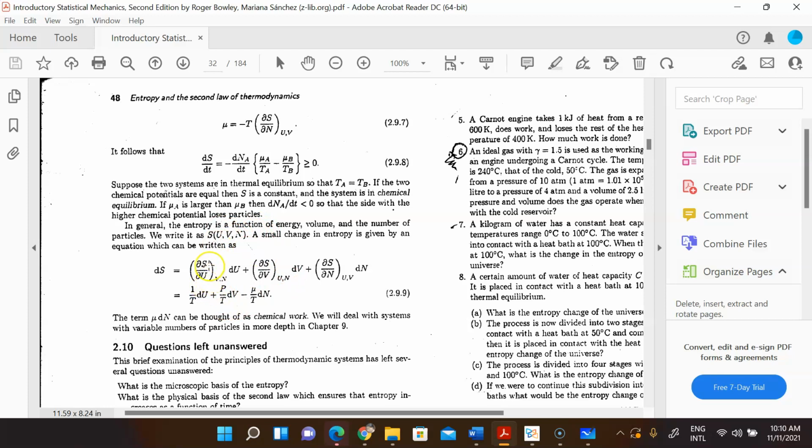In this particular case, you have your U, V, and N. So you have partial S partial U dU, partial S partial V dV, partial S partial N dN.